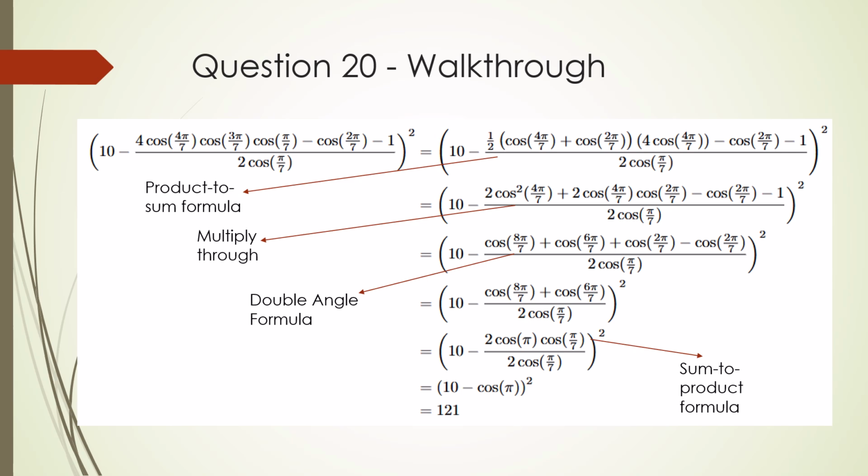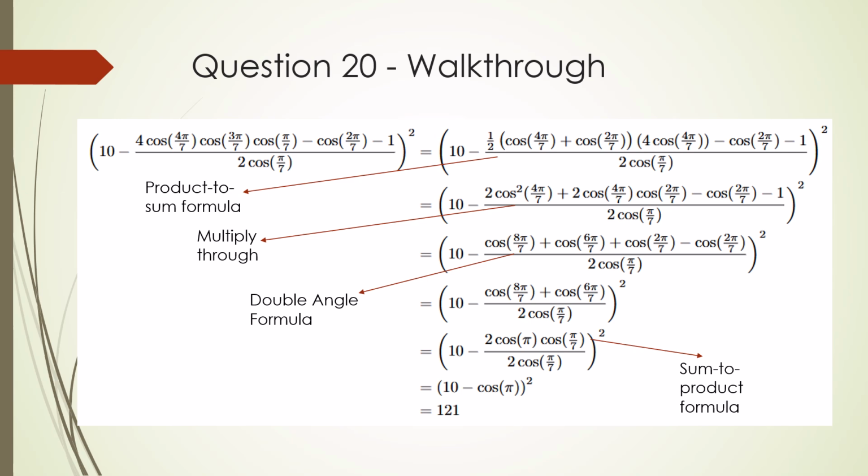What I can then do is state that the cosine 4 pi over 7 times the cosine 2 pi over 7, it's a product, right? So I want to rewrite this as a sum, and I can do that again by the product to sum formula, right?